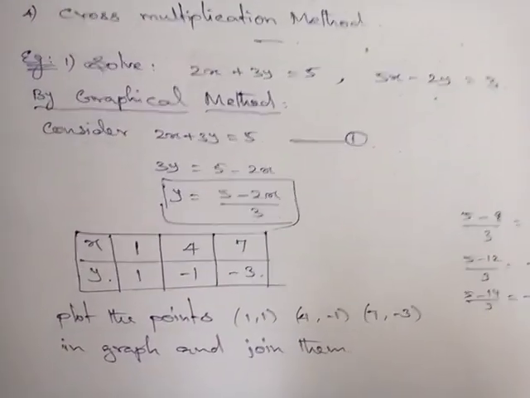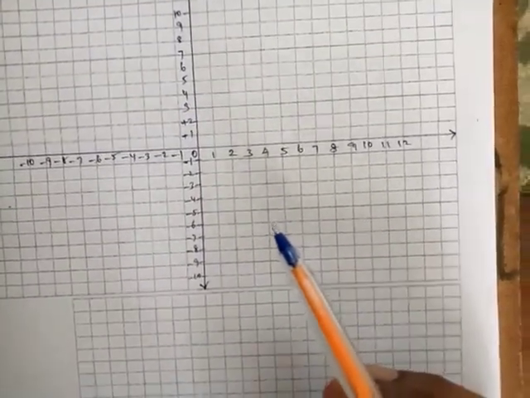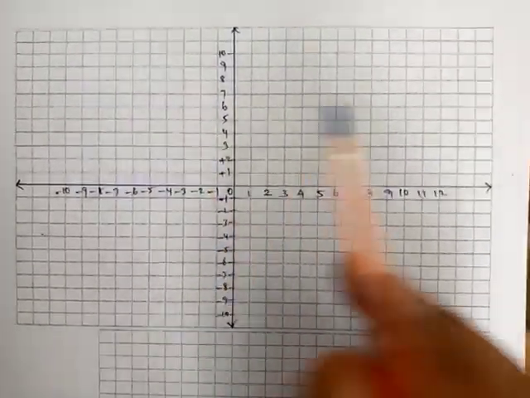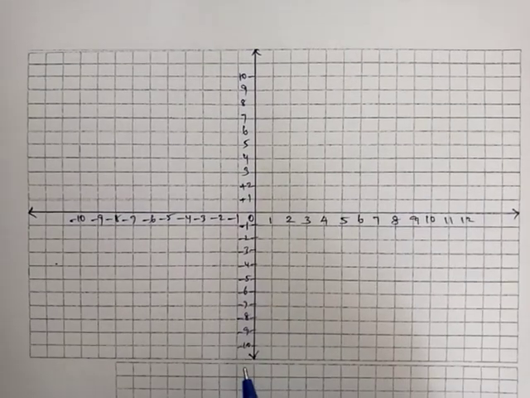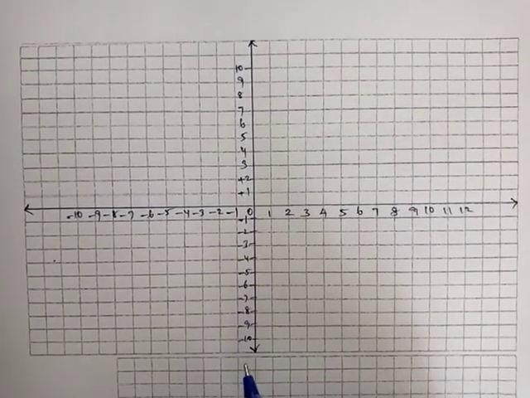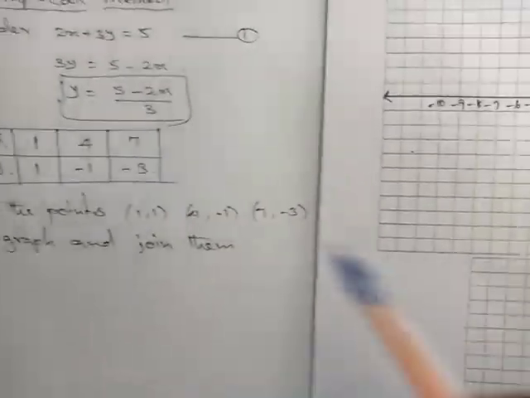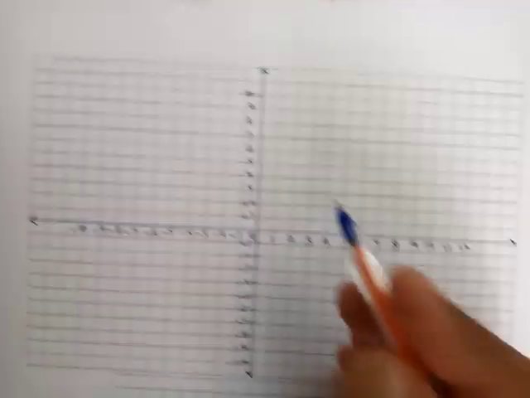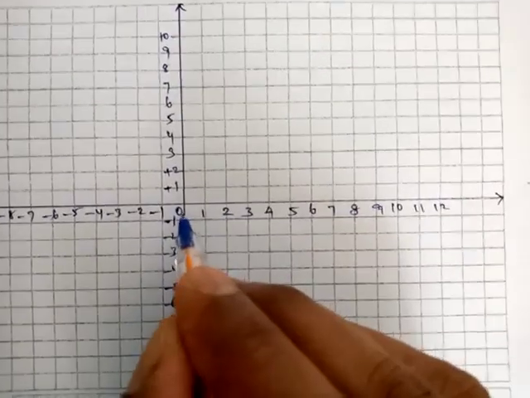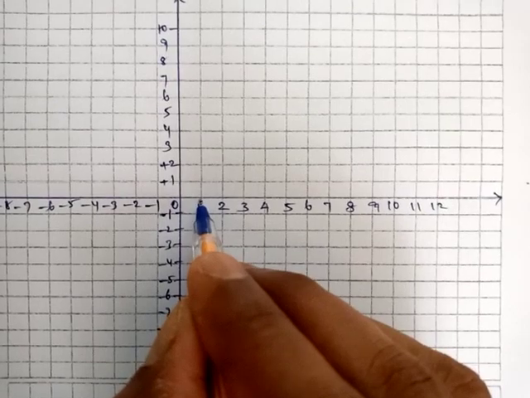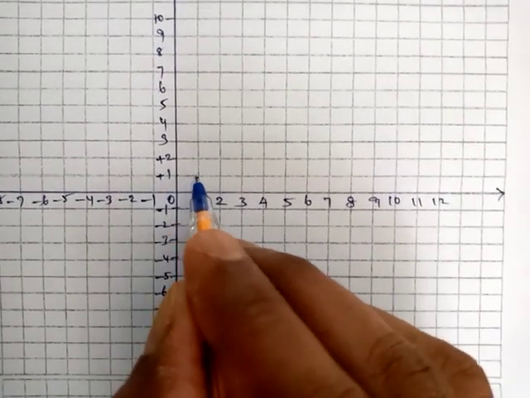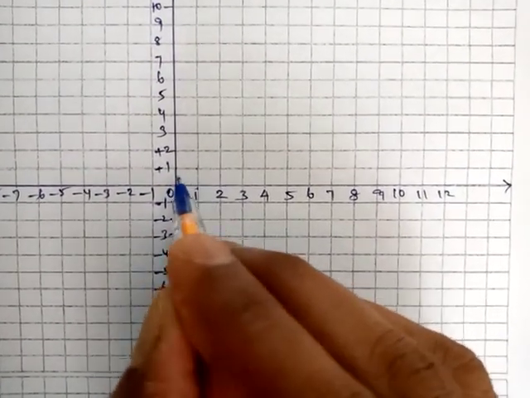Now we'll see how to plot this. Now consider this graph. Here we have to plot these 3 points and join them. We'll get a line. What are the points? 1, 1. So where is 1, 1? In the x-axis 1 is here, in the y-axis plus 1 is here. So x value 1, y value also 1.